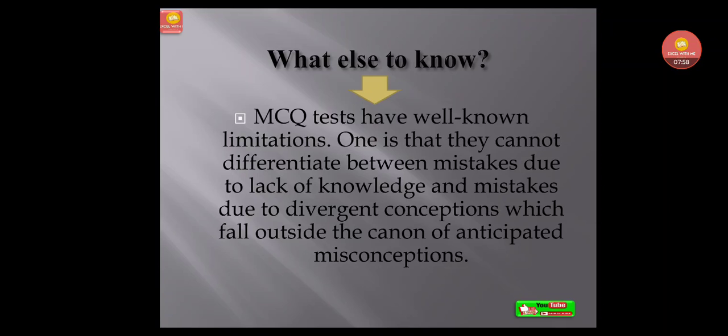One is that they cannot differentiate between mistakes due to lack of knowledge and mistakes due to divergent conceptions which fall outside the canon of anticipated misconceptions. Because they are unanticipated, these alternative conceptions are not included as distractors and cannot be selected by students.